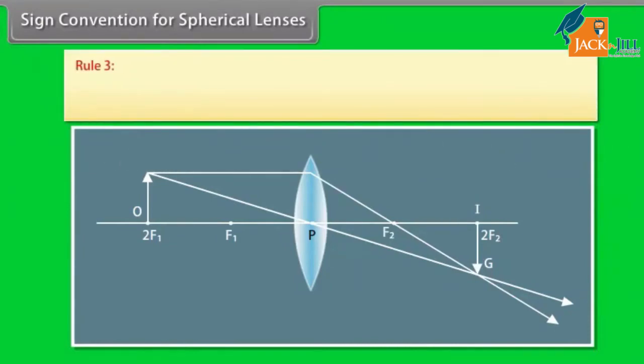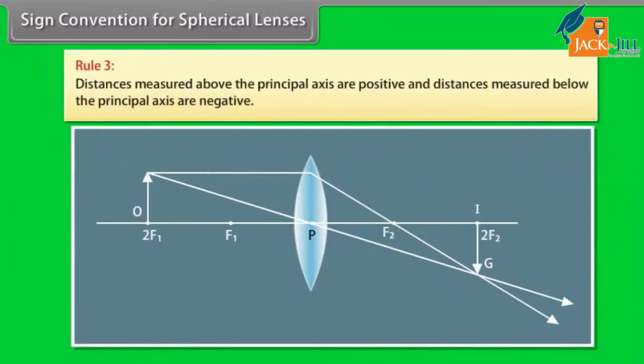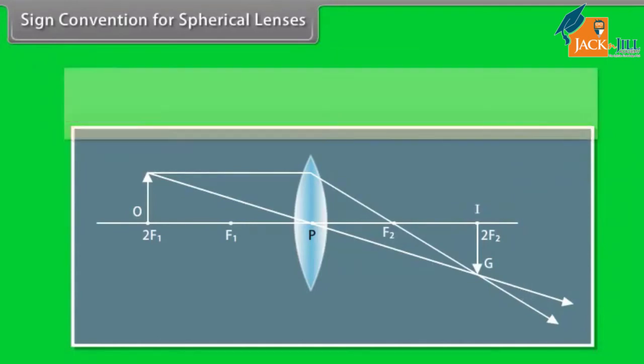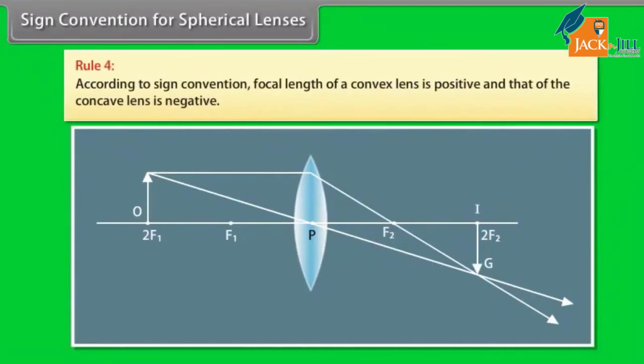Rule 3. Distances measured above the principal axis are positive and distances measured below the principal axis are negative. Rule 4. According to sign convention, focal length of a convex lens is positive and that of the concave lens is negative.